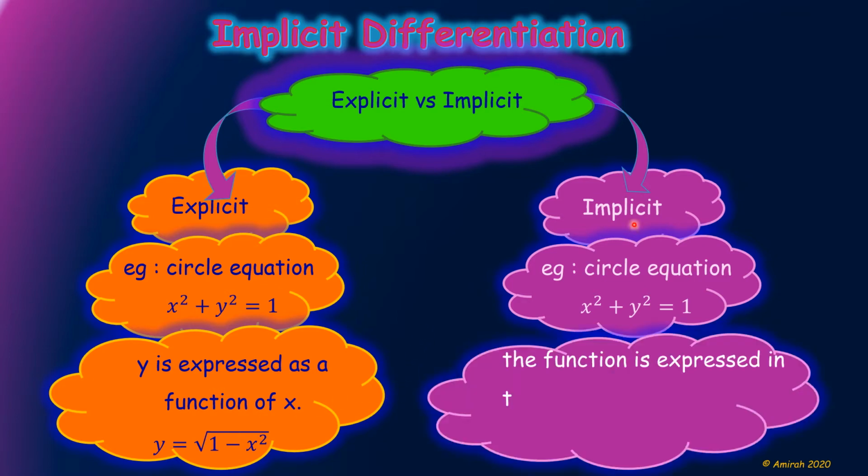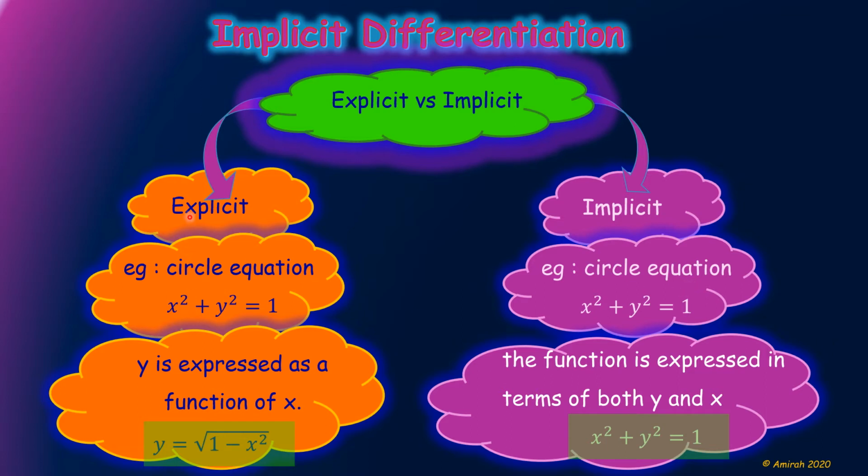But under implicit, the function is expressed in terms of both y and x. So we write x squared plus y squared equals 1. Both of these actually come from the same equation.